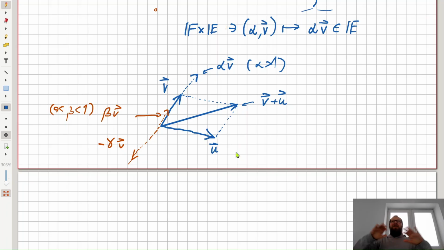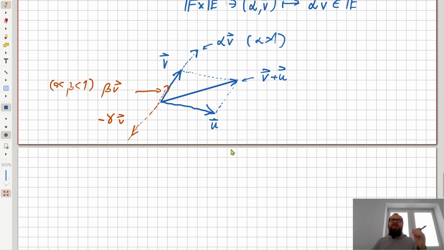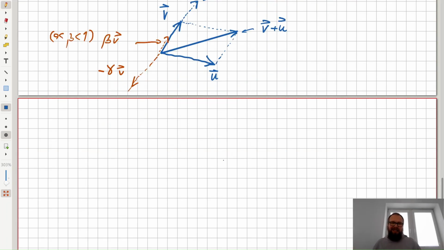Almost all of them are in some way generated by a handful of vectors. Like we said, the whole line is just one vector and all the multiplications generating it. So this leads to the idea of the so-called span, not spam, span. So let's say, span of V.